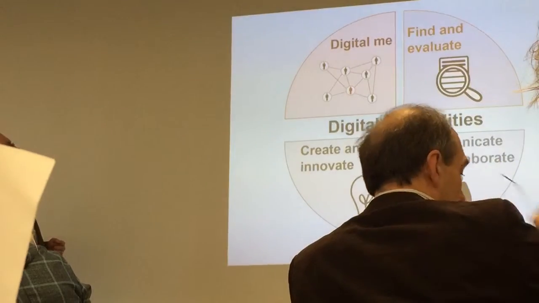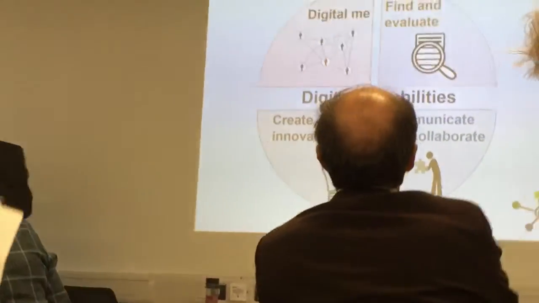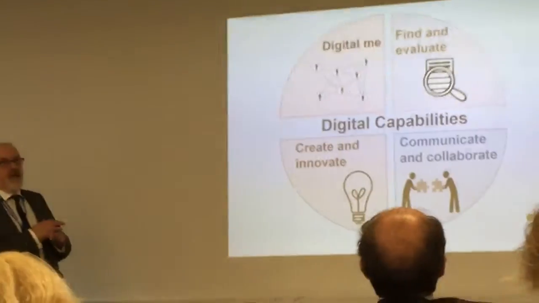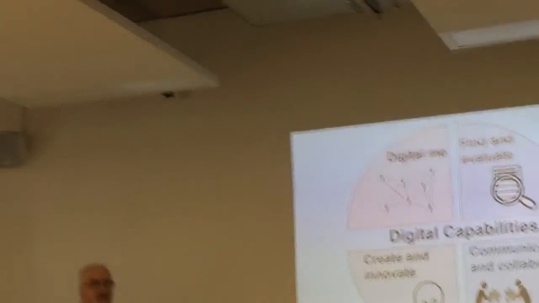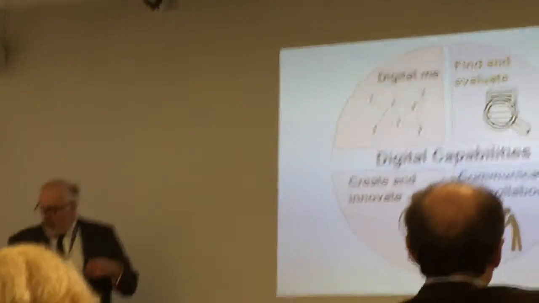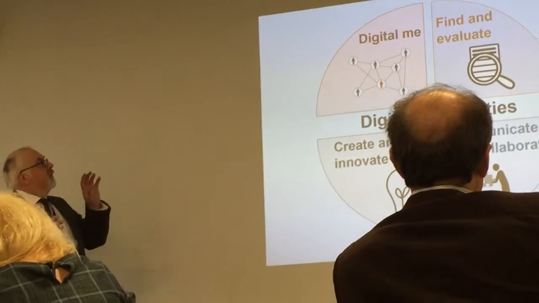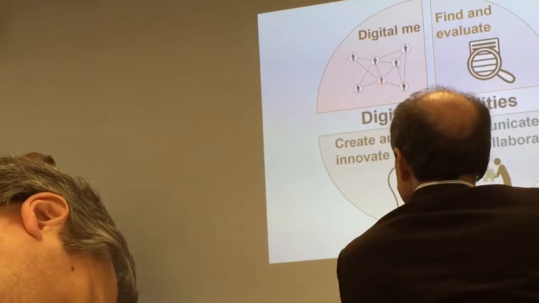So in terms of our digital capability, for students, we have got a framework based on 4 core things: digital learning, finding and evaluation, creating innovation, communicating and collaboration. Within each of those, there are multiple attributes, and then there are aspects within those attributes.